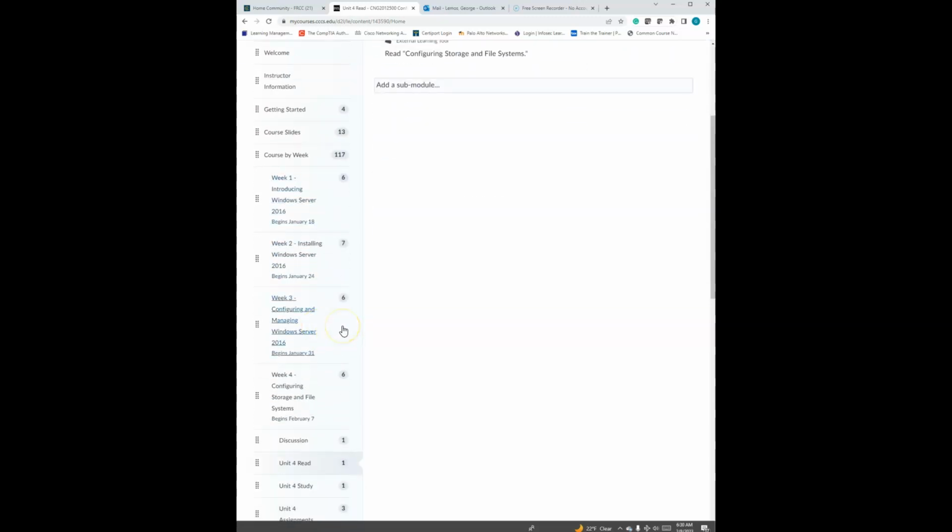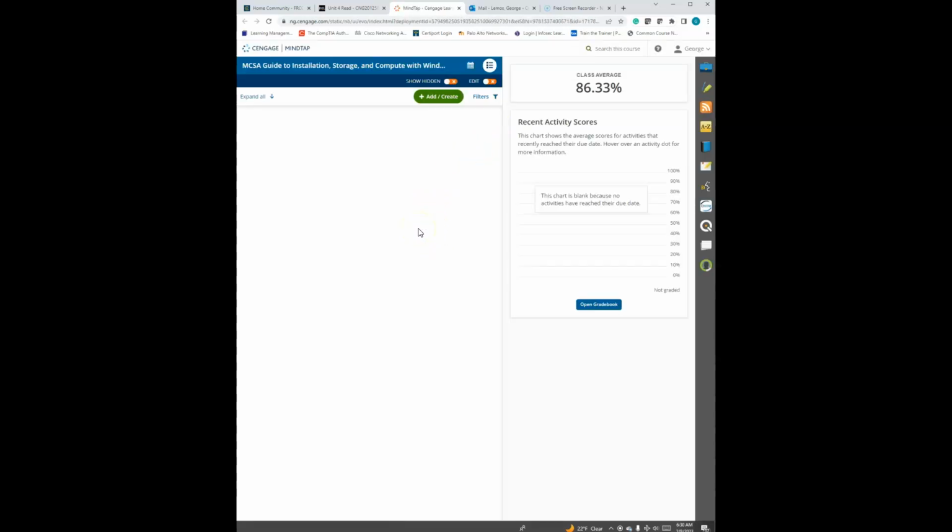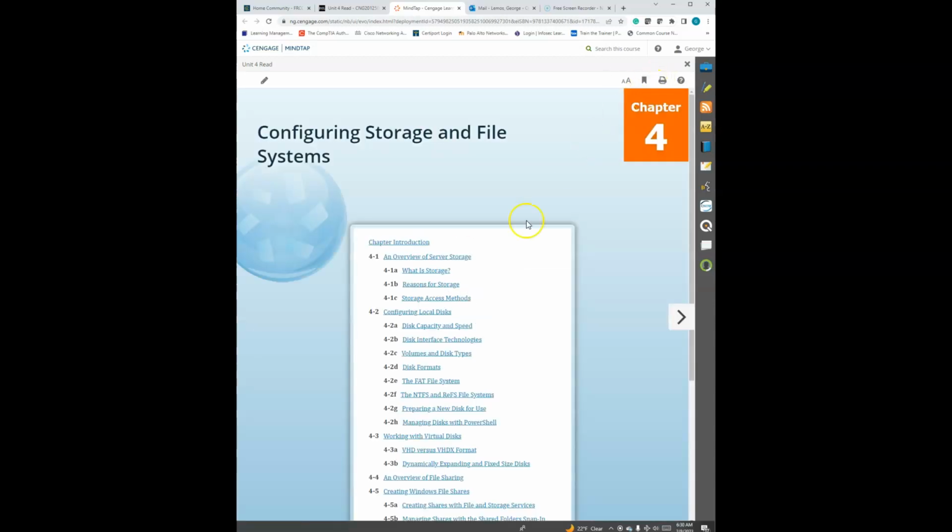This week we're looking at configuring storage, file systems. I haven't seen a lot of errors on the Cengage platform itself, but it did look like some of the labs were having some issue with the pipe function.